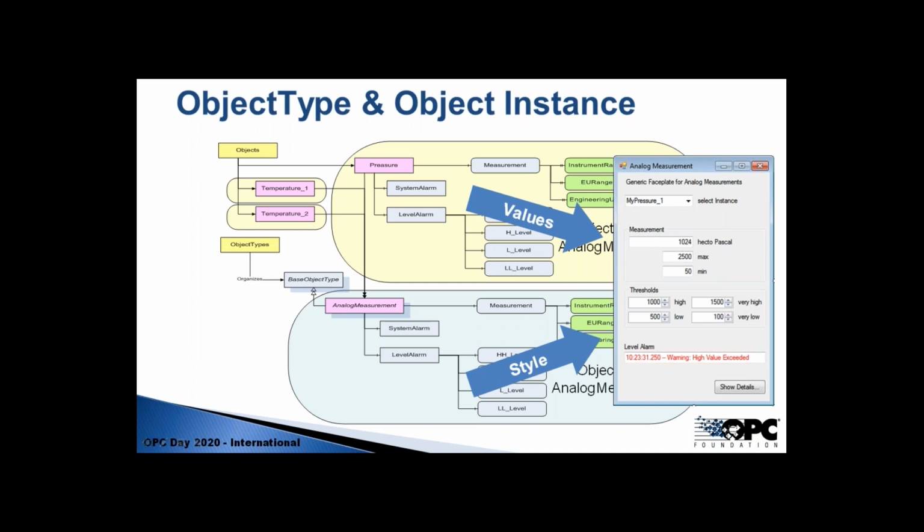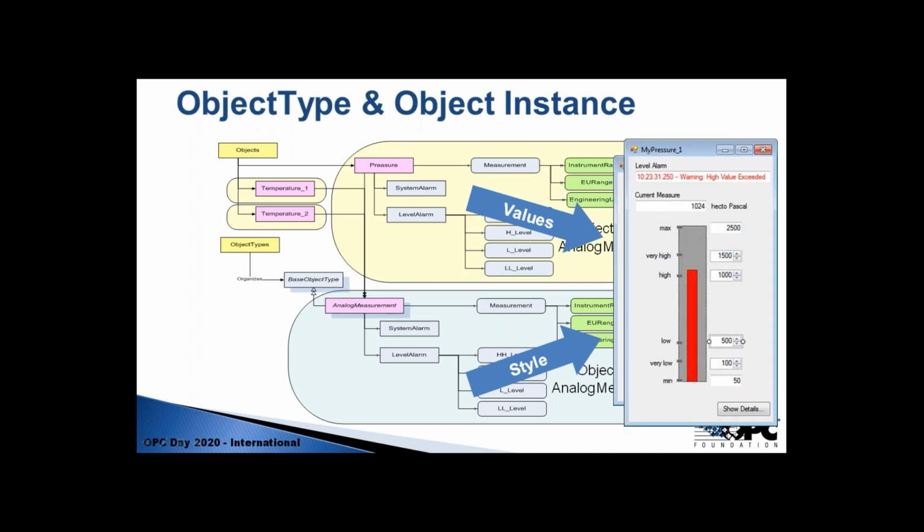And if that is specialized on the type, it can automatically show the values. And it can be, of course, of different style. So it's a different specialization on the type, but it will also be filled with the same values. So with this system, we have a very powerful instrument to describe information and to specialize on information.